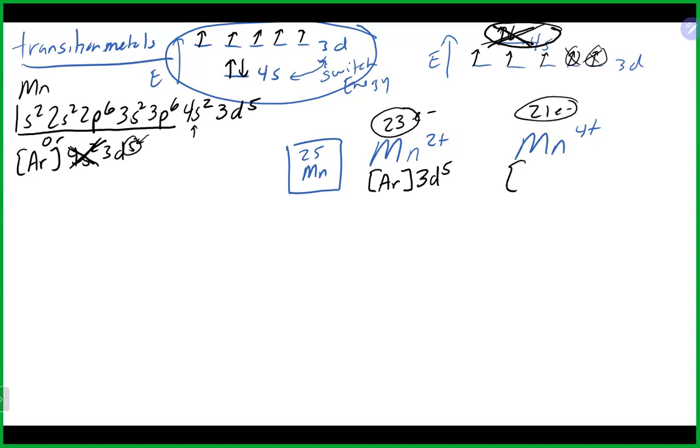That will leave us argon 3d3 in this case. Again, everything like here, and make this 3d3, get rid of the 4s2. Question on transition metals? Every transition metal will do this, basically.